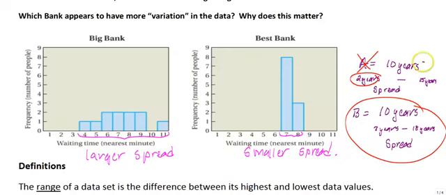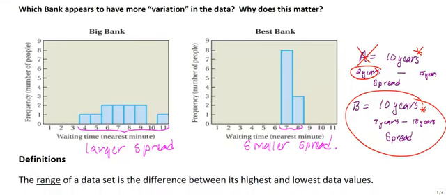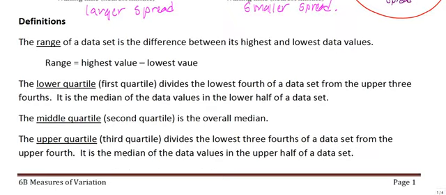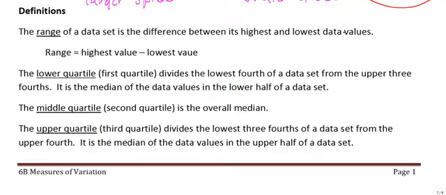So if we base our decisions on the mean alone, we could be misled. One measure of variation is to determine the range of the data, and all that is the difference between the highest and the lowest value.